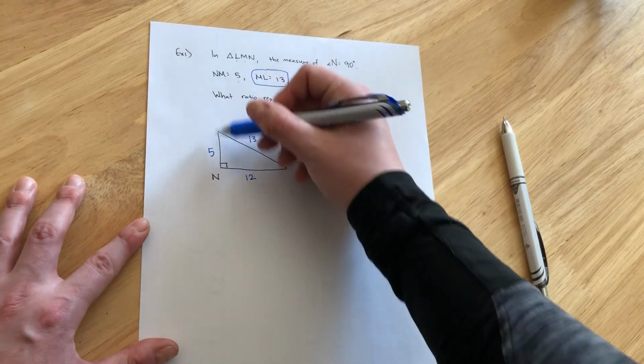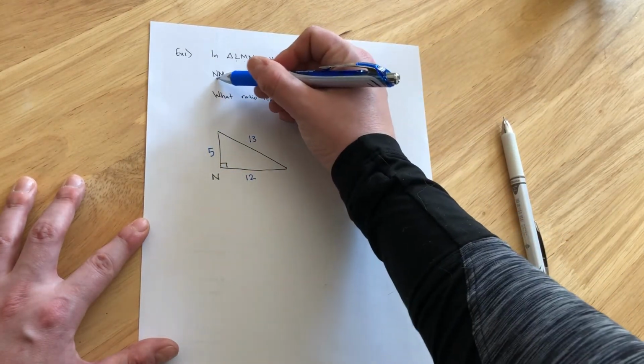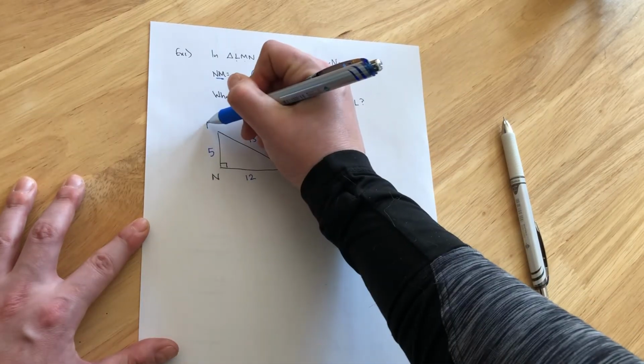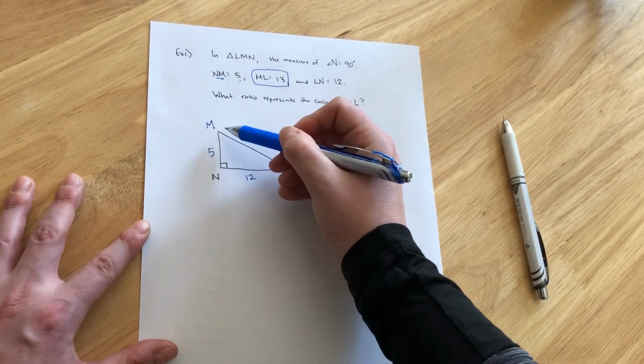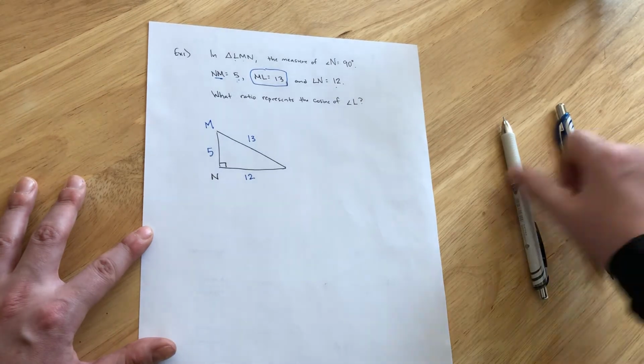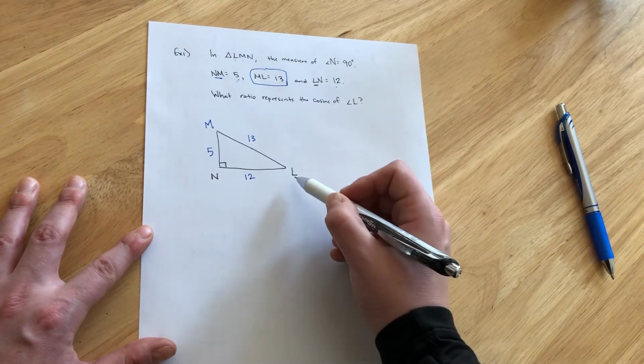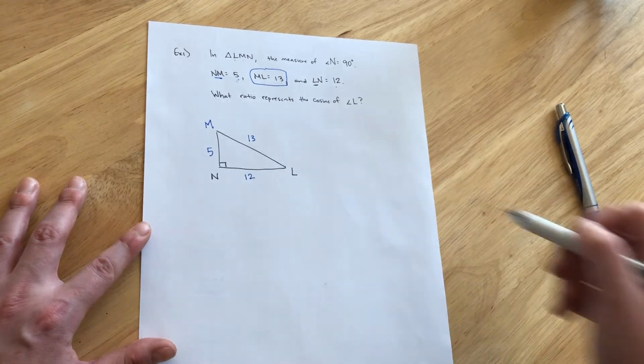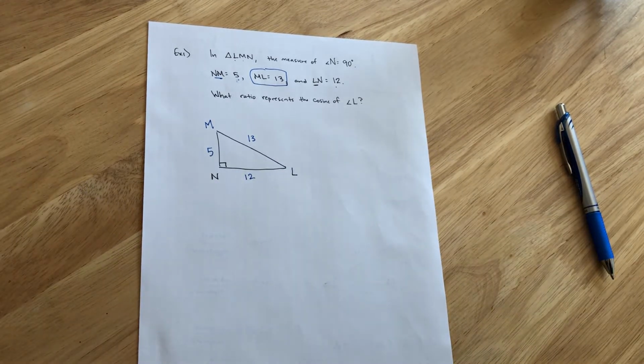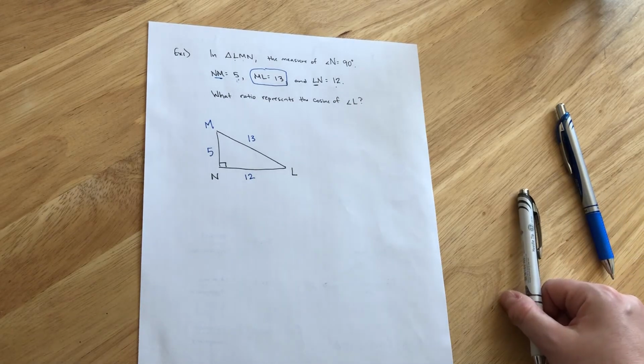And then for labeling purposes, NM was the 5. So M must be the angle up there at the top of my 5, and angle L must be over here as part of that long leg. So getting the labels and getting the picture to look right is the first step.